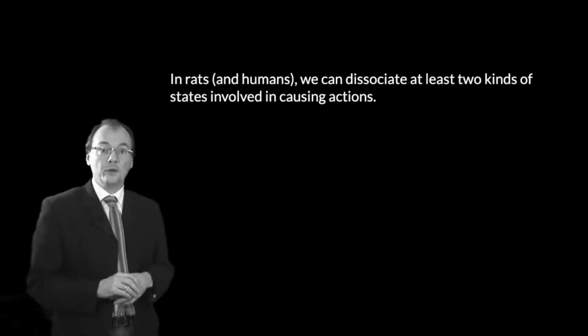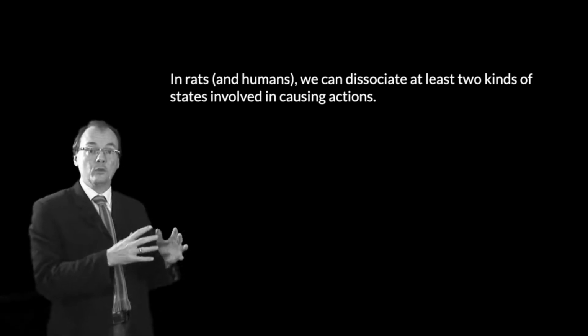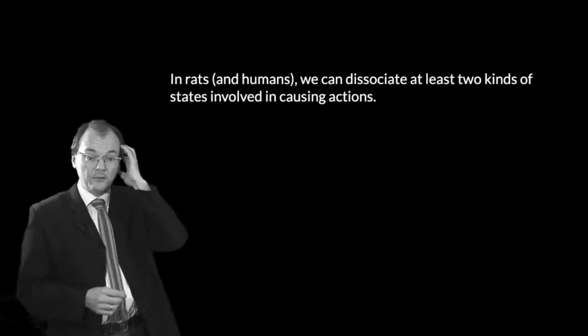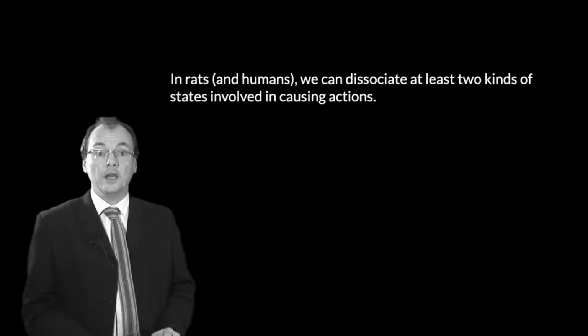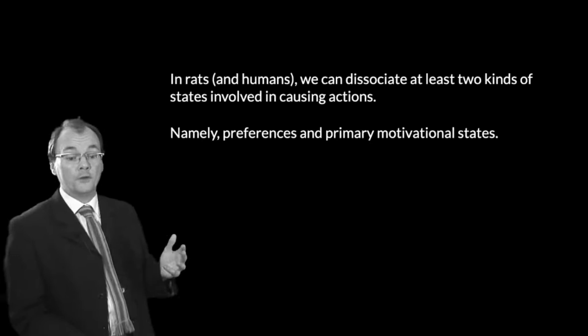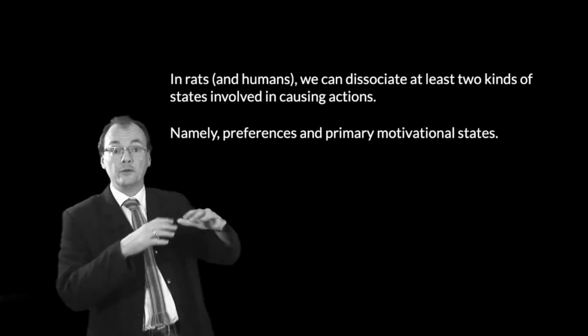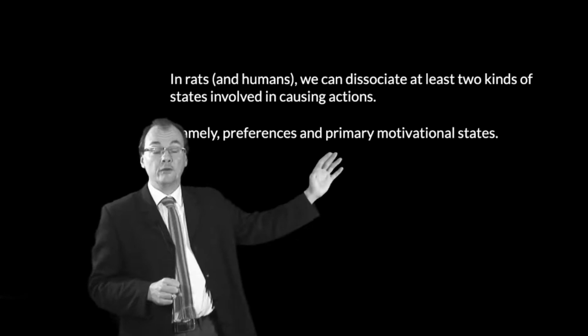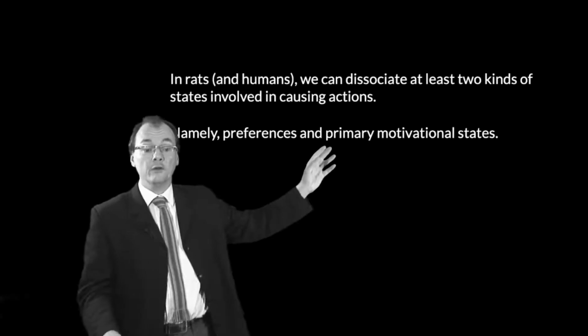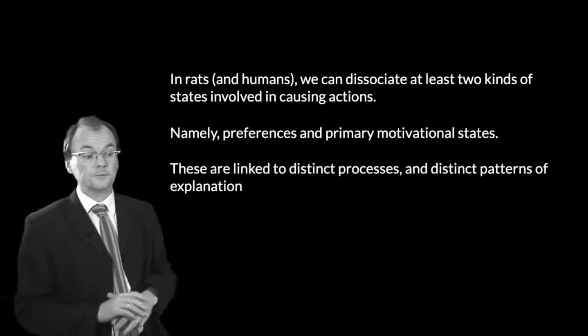Well, the first thing I want to do is give you a sort of summary which does provide such a connection. We know that in rats and humans we can dissociate at least two kinds of states involved in causing actions. These are preferences or desires, I'm using those two terms interchangeably, on the one hand, and primary motivational states such as aversion on the other.